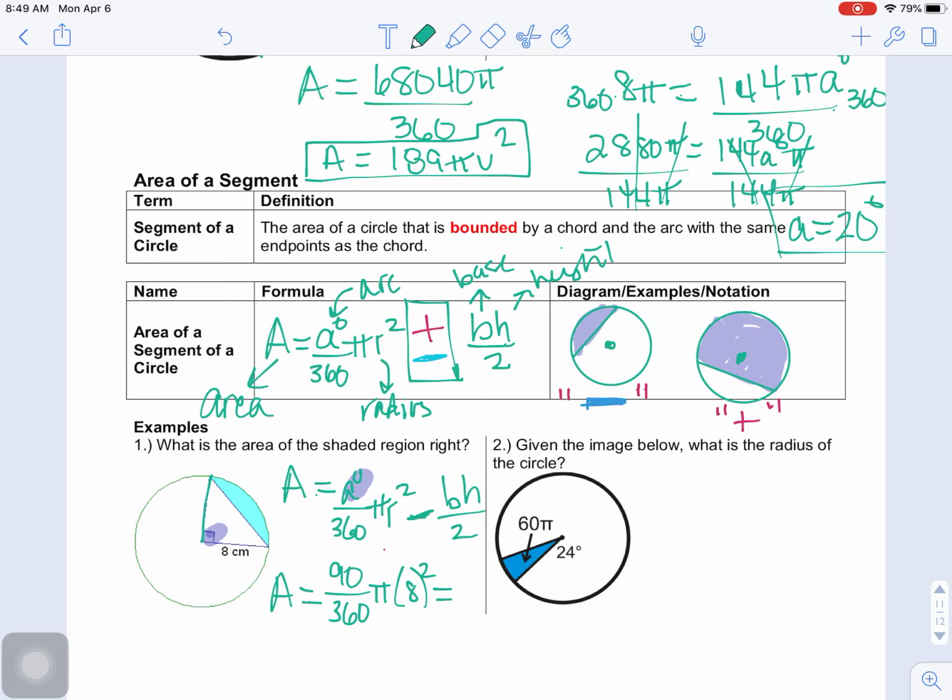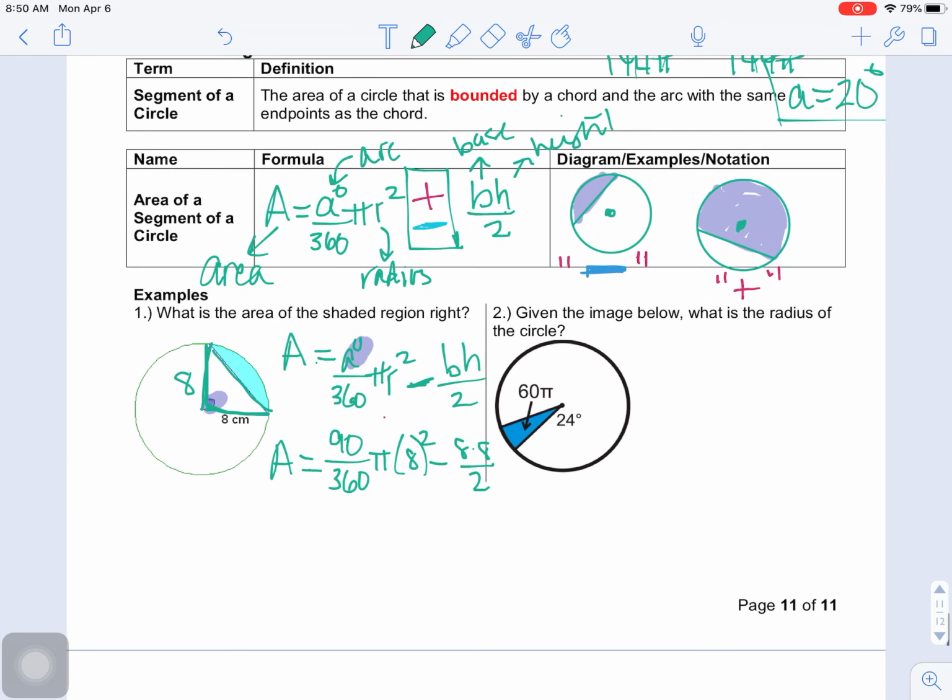Minus, now the area of my triangle. Here we're looking at this triangle right here. This distance is my radius, and the radius is the same no matter what. So now I have the base and the height of my triangle. So I'm going to subtract out 8 times 8 divided by 2. Again, you want to use your calculator to do this work.